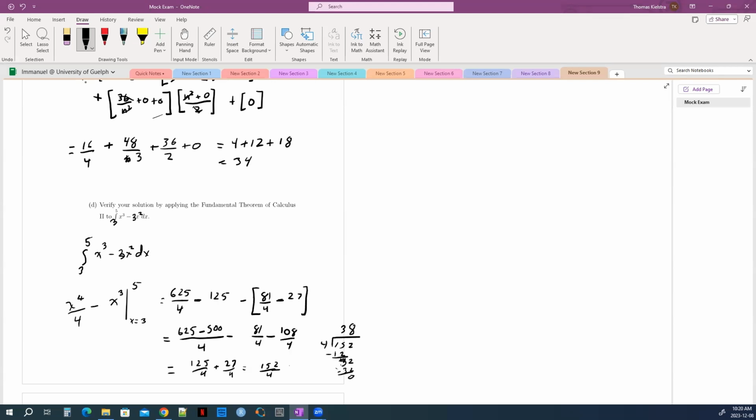So this gives us 0, so we're getting 38. So we got an answer of 38. And here it's 34, which means that there's an error by 2.